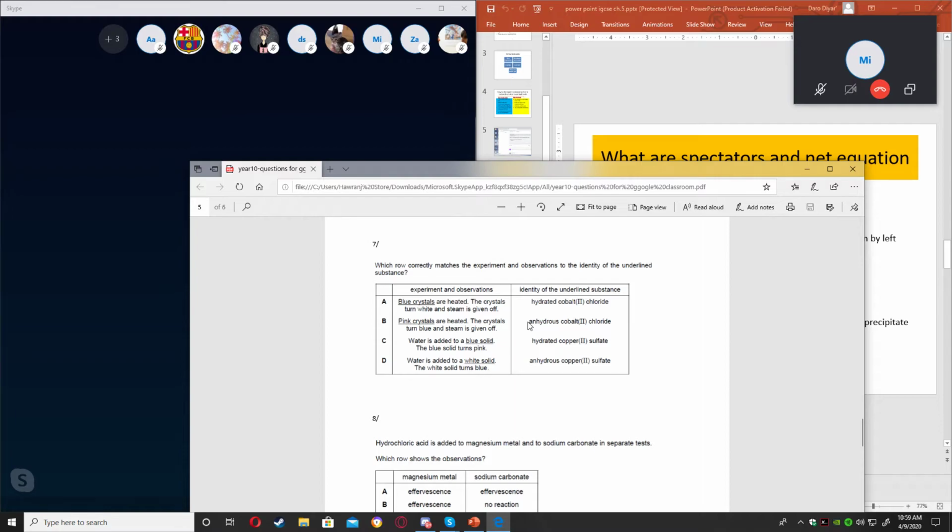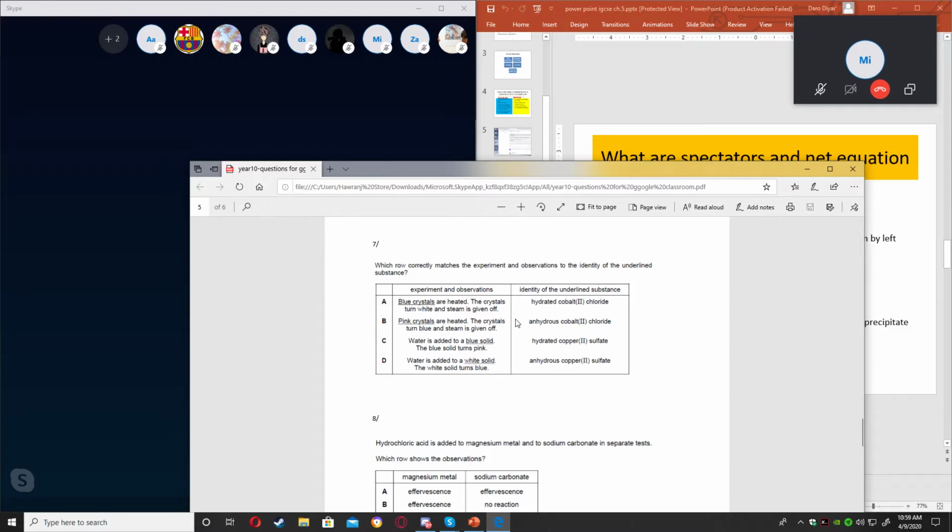So you have A in the first column, and you have hydrated copper sulfate. I will repeat it. Let's choose the second, question 7. Question 7. You have A is the correct answer.